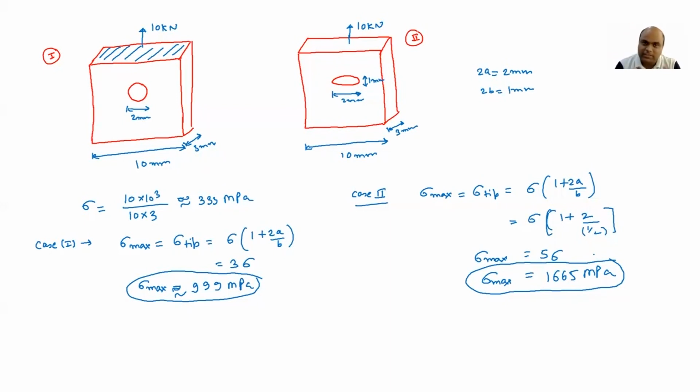If it is more than the yield stress, it is going to plastically deform, and if it is higher than the cohesive stress, it is going to fracture right away. That is what the Inglis criteria, or stress-based approach, is all about. In the next lecture, we are going to start talking about the energy-based approach, which is the Griffith criteria. Thank you.